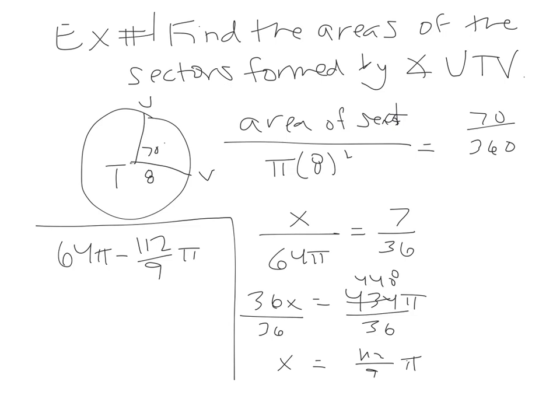And if you do that, you get a decimal, but you can again hit math equals, and it spits out, I did 119. I have the wrong answer. Sorry. 64 minus 112 divided by 9. Math equals, and I get 464 over 9 pi. And so that's the area of the smaller sector and the area of the larger sector. Awesome.